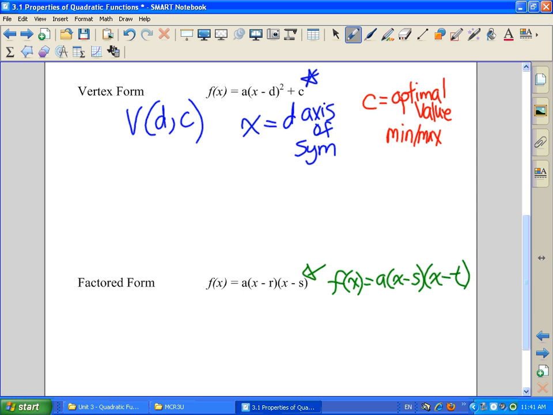But in our textbook this year, and I know that gets frustrating for students, they just seem to use different variables. It won't be an issue when you have those variables subbed in and you have values like x minus 5 or x plus 6. So according to our textbook, which uses r and s, just remember that r and s are the x-intercepts.